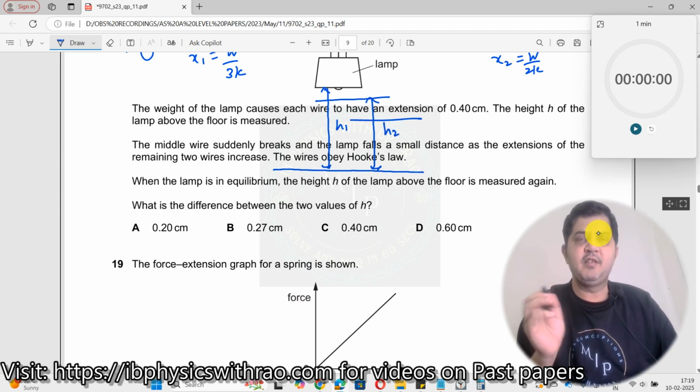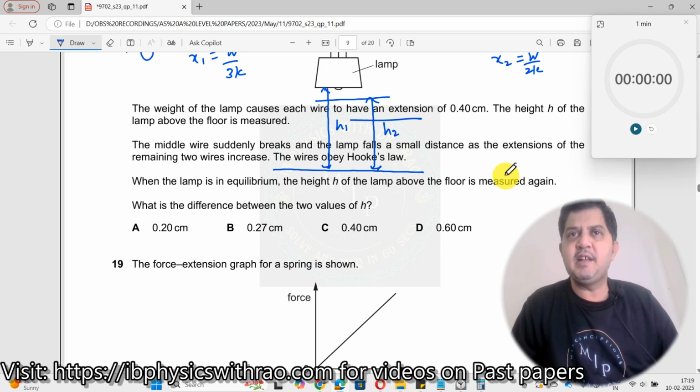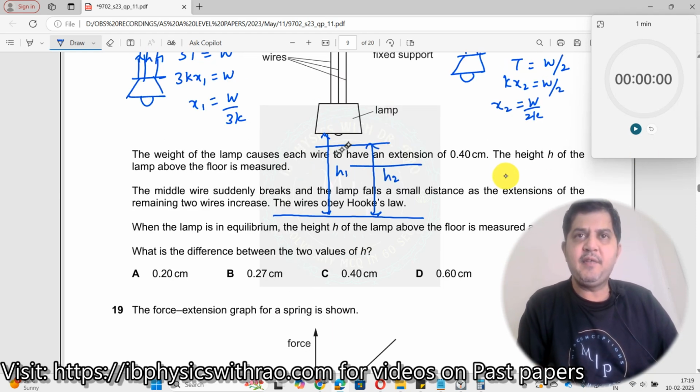In essence, if the extension due to the three wires is x1, and due to only two wires it extends more, it is x2. Then x2 minus x1 will be equal to h1 minus h2.